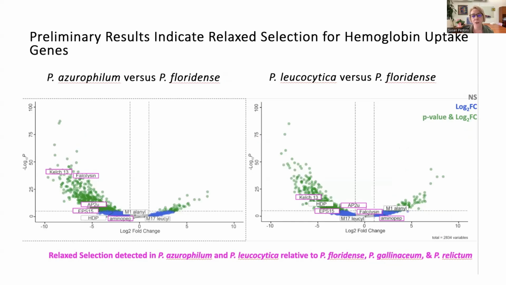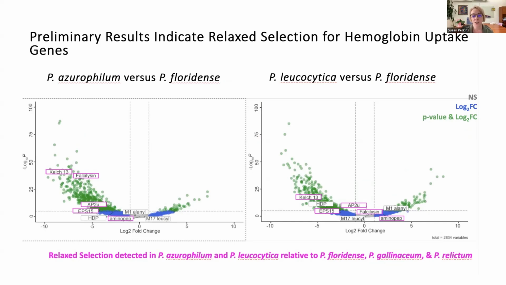So our phylogenetic analyses suggest that azurophyllum and leucocytica, these 2 parasites that don't produce hemozoin, are more recently diverged off hemozoin producing parasites. And so maybe they are in the process of pseudogenizing or even losing these genes. So they still have them, they may still express them, but are they still under the same forces of selection?